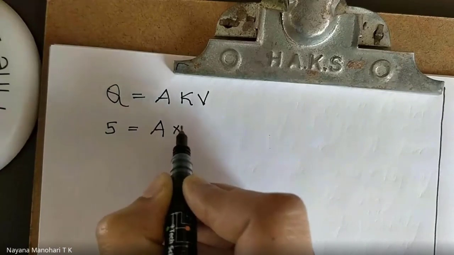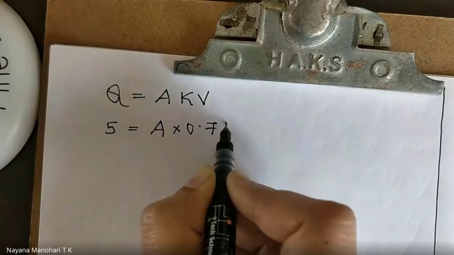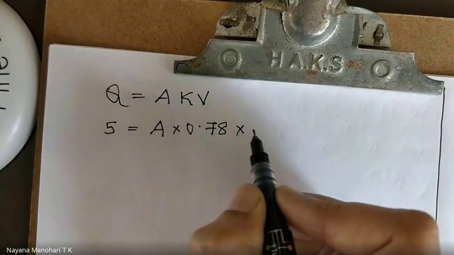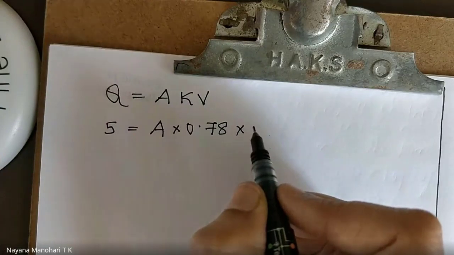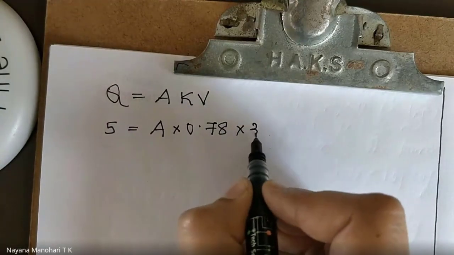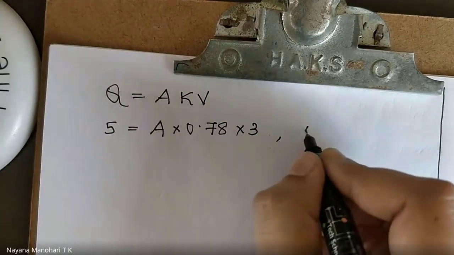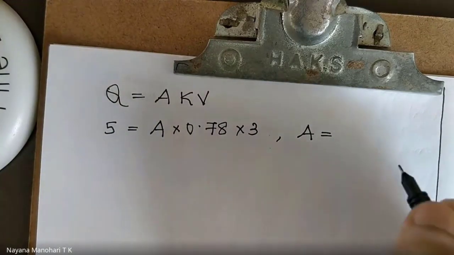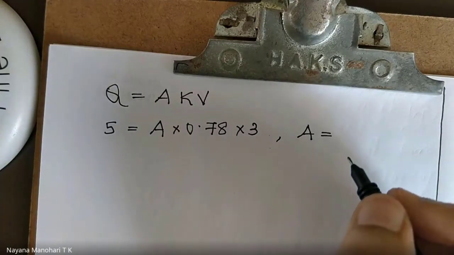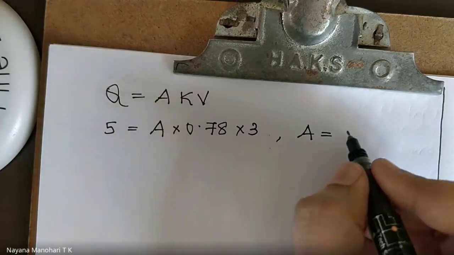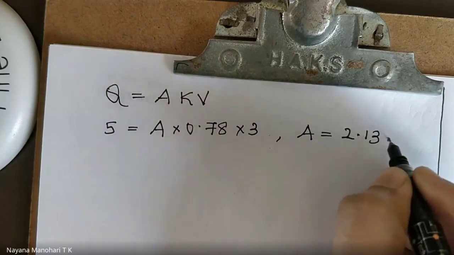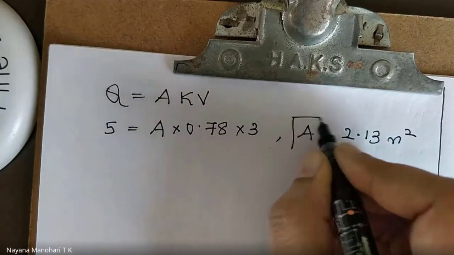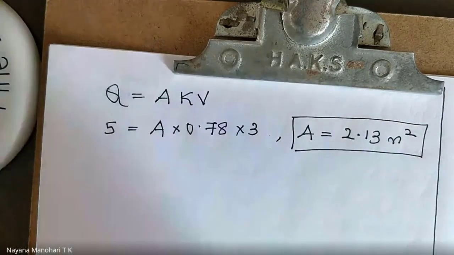K value is 0.78. And the velocity, they have given in the problem, that is 3. Calculate the area. How much will you get? You will get 2.13 meters square. This is your area.